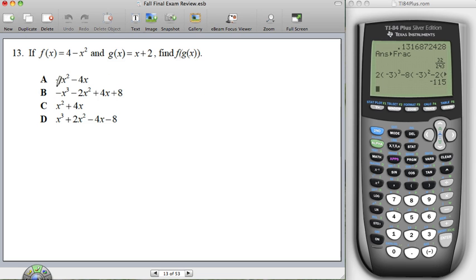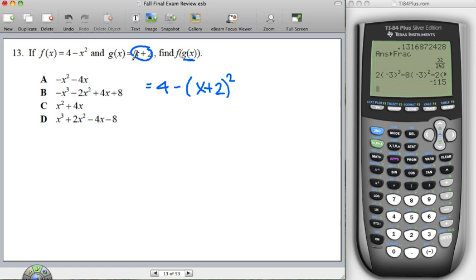For number 13, if f of x is 4 minus x squared and g of x is x plus 2, find f of g of x. So I'm taking my g of x, which is inside my parentheses, and plugging it in for x into my f function. So that's going to equal 4 minus x plus 2 quantity squared.